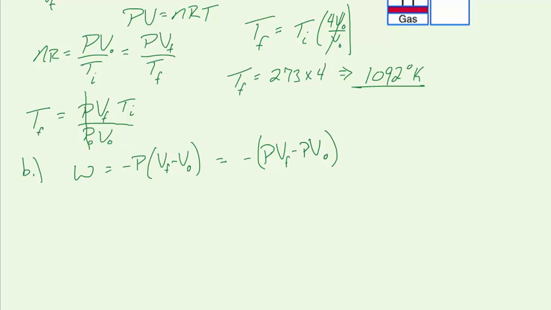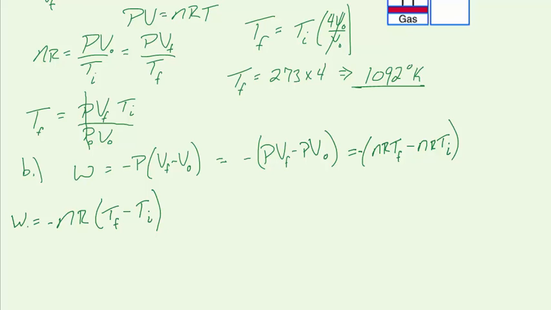And since we know that PV is equal to nRT, we'll have an equation with nRT final minus nRT initial. We can substitute our nR out of our equation, and we'll be left with our final temperature minus our initial temperature equaling our work.